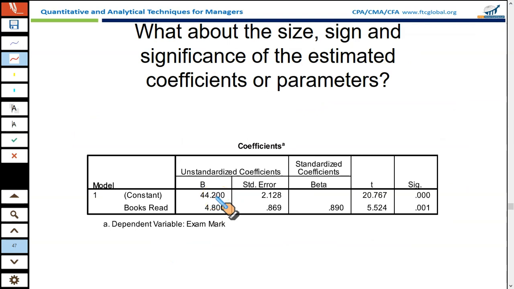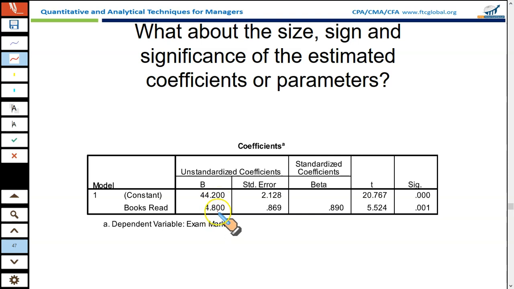What this tells us is that this high value indicates a significant baseline. Meaning even if a student doesn't read any book, still he is able to get 44.2% in exam score. So it is also understandable that there are other factors not included in the model, because a person who doesn't read any book still gets 44.2%. So there clearly are some other factors involved.